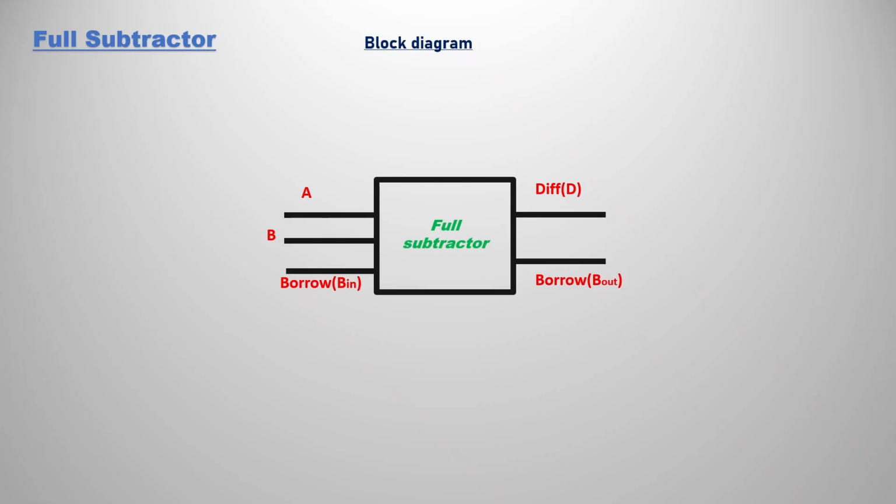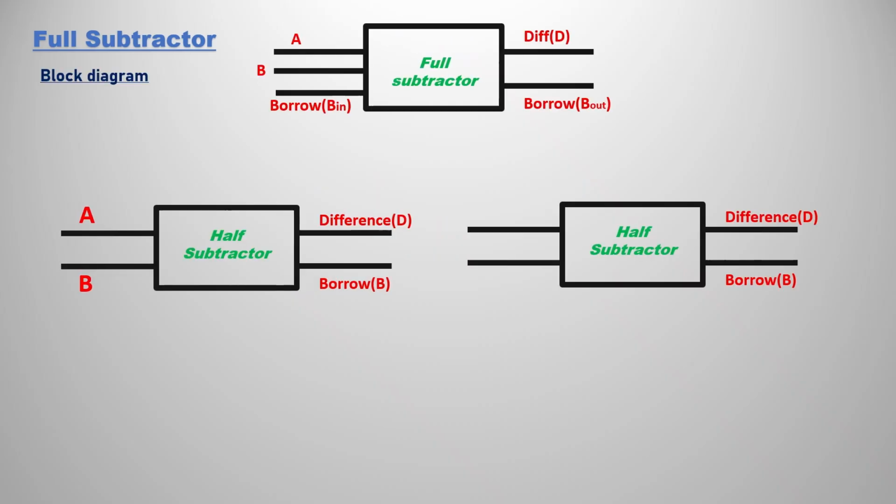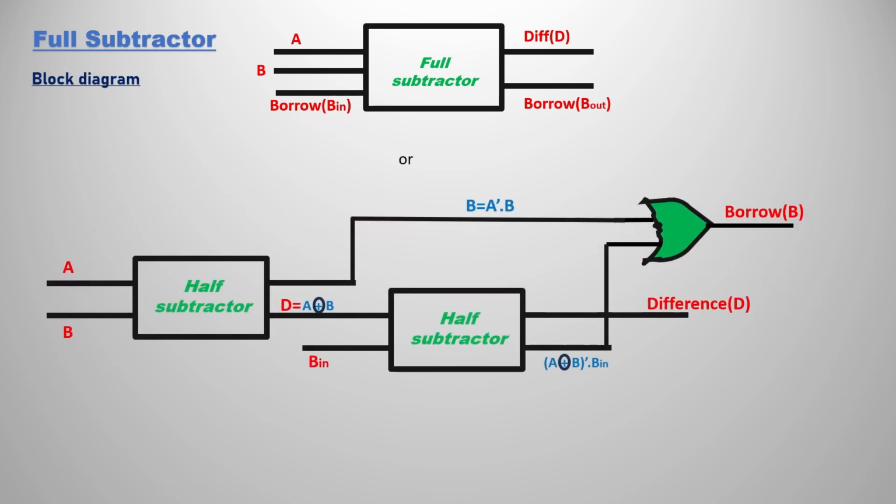This is the full subtractor block diagram. We are going to obtain this with the help of two half subtractors and one OR gate. Let's start. Take two half subtractors, and according to the two block diagrams, I am going to merge both of them and add an OR gate, so that I can obtain the full subtractor with the help of two half subtractors. You can see clearly over there I have cascaded two half subtractors according to the circuit diagram.